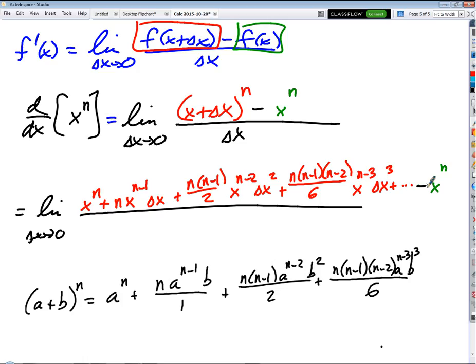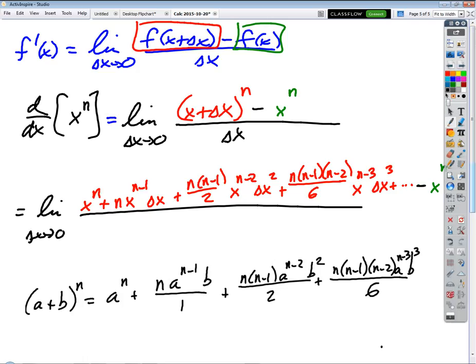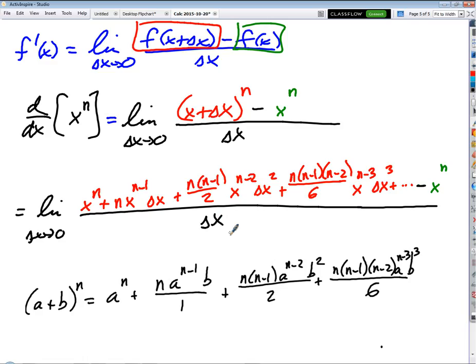We're just plugging this into our generic pattern, f of x plus delta x minus f of x, but in our case f of x was x to the n. In the denominator, we just had a delta x, and we're taking the limit as delta x goes to 0.